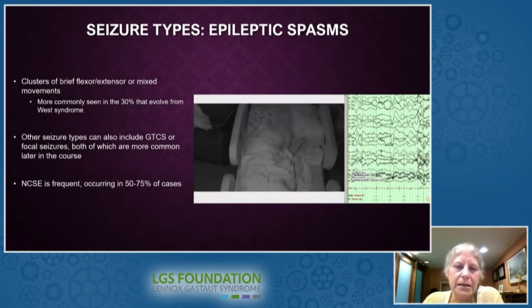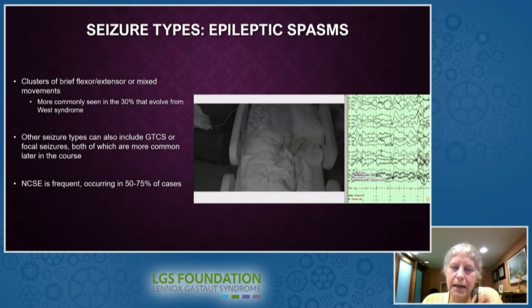And then epileptic spasms can occur, as we had noted. It is not uncommon for individuals with West syndrome or infantile spasms to evolve towards Lennox-Gastaut. These consist of clusters of brief flexor or extensor or sometimes mixed movements. These are more commonly seen and persisting in those who evolve from West syndrome.